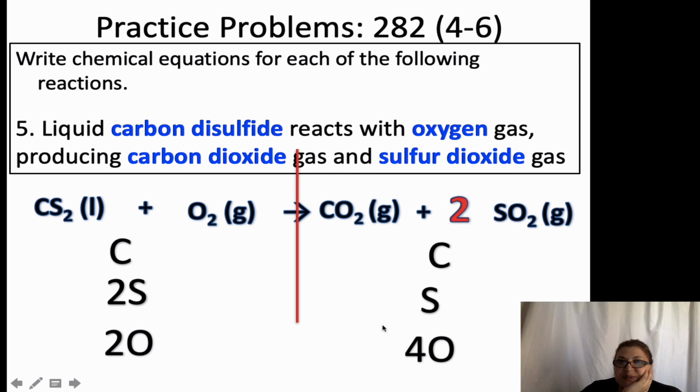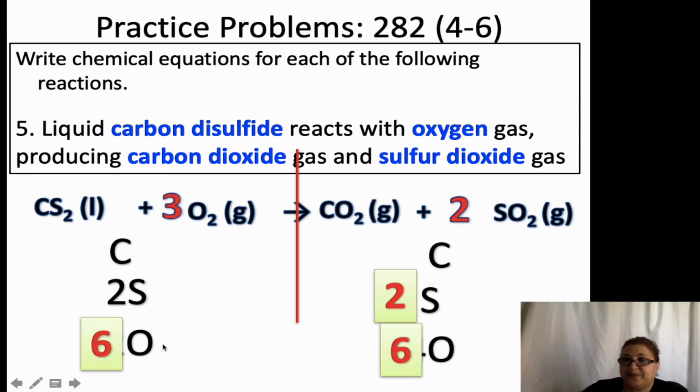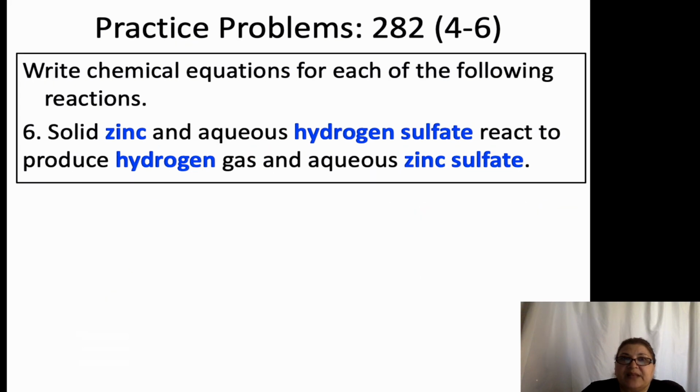So to balance the sulfur, you multiply this one by 2 to give 2 sulfur. But then you're getting 4 plus 2 oxygen is 6. So everything okay except the oxygen. So we multiply this one by 3. That gives 6. And that's balanced. I think that's the last one.